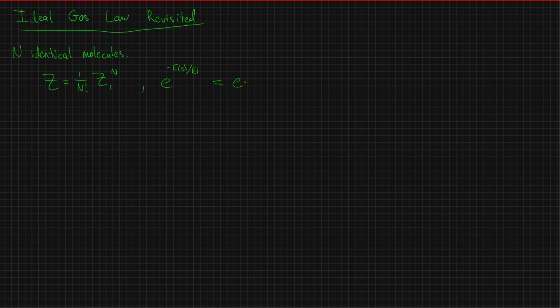We're going to call this one E sub tr for translational, and this one E sub int for internal degrees of freedom. That could be vibrational, rotational, or whatever other types of degrees of freedom you could think of. We're going to break it up into two parts like this.